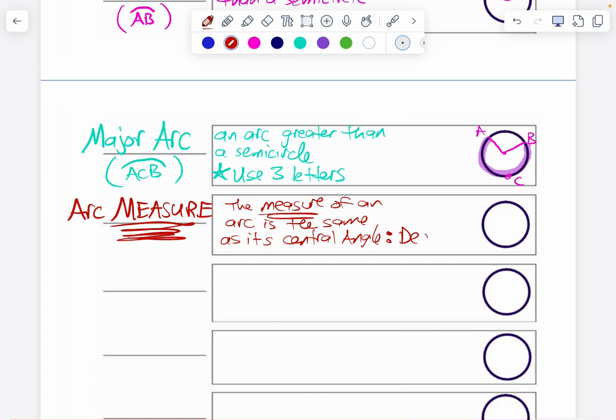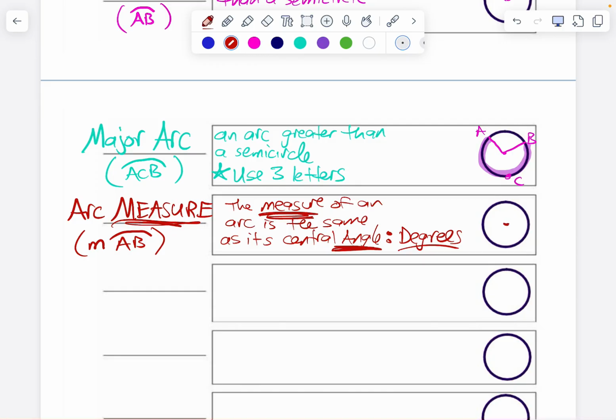So it's degrees, not inches or feet or lengths or any kind like that. This is degrees. It's the little m for measure, just like it was for angle. So the measure is an angle measure.